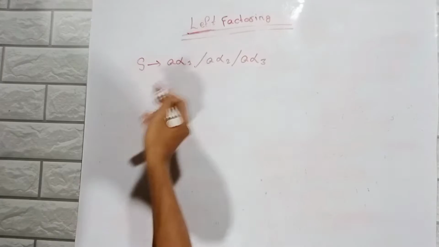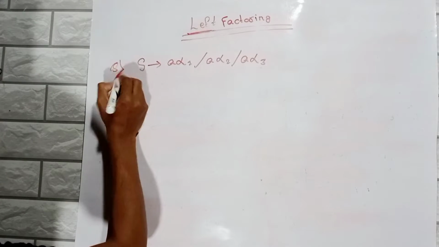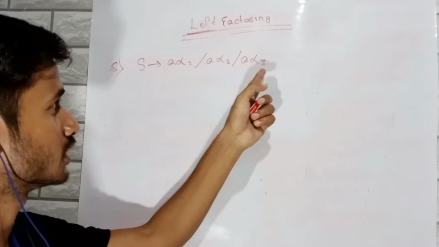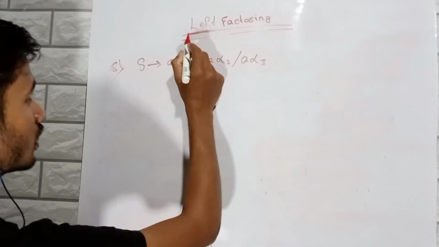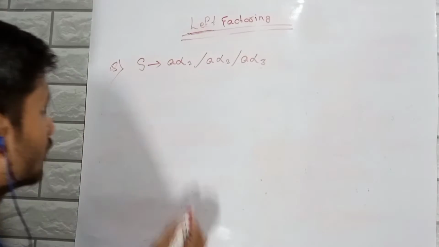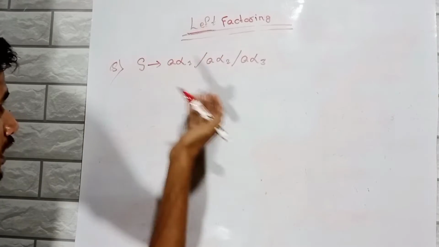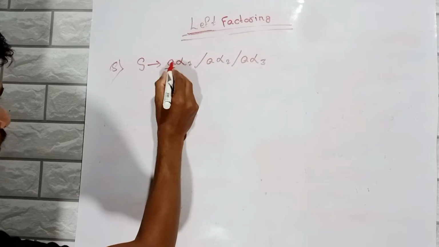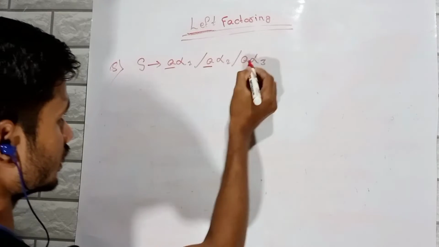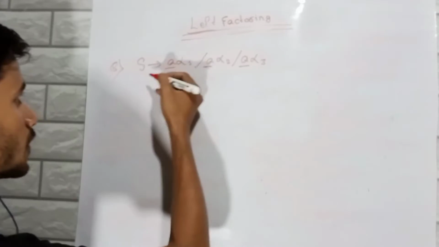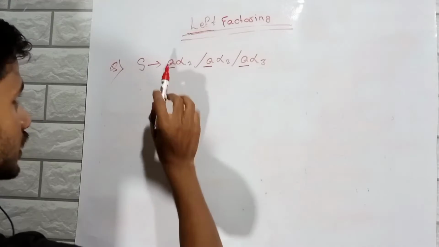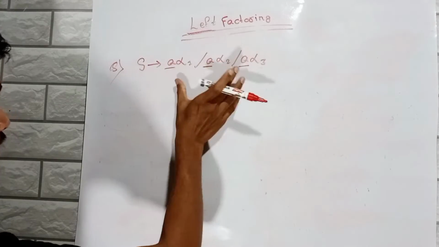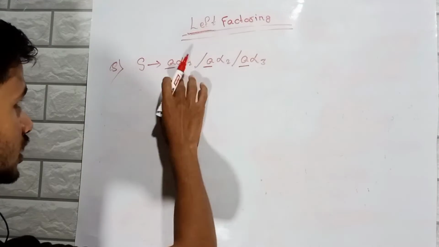For this I have written one grammar here, that is S goes to A alpha 1 slash A alpha 2 slash A alpha 3. Here we can see the term is left. Then we have to see the symbols on the RHS of the grammar from the left side. Here the leftmost symbol is A, here the leftmost symbol is A, and here also the leftmost symbol is A. Then we look at the common variables or terminals present at the RHS of the grammar in each production.